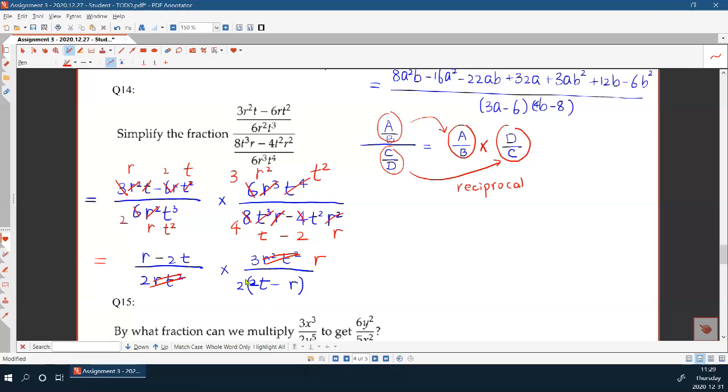And 2t minus R cancels with this 2t minus R, which gives us a minus 1 here. So the final result becomes minus 2 by 2 is 4. We have a 3 here and R here. All right. Okay, any questions?